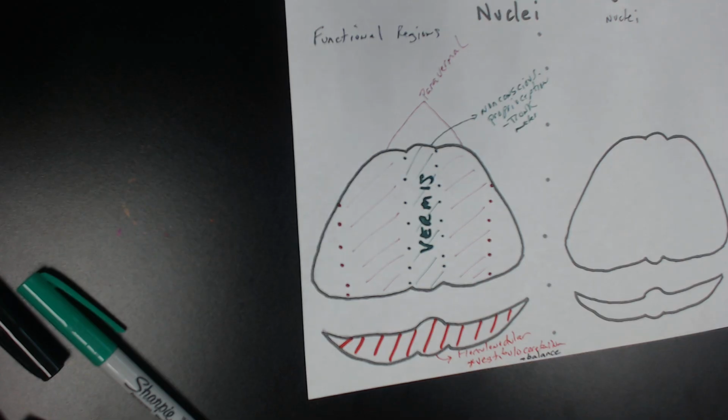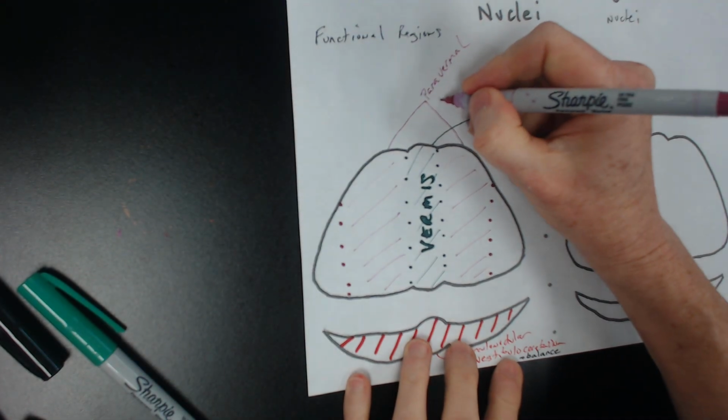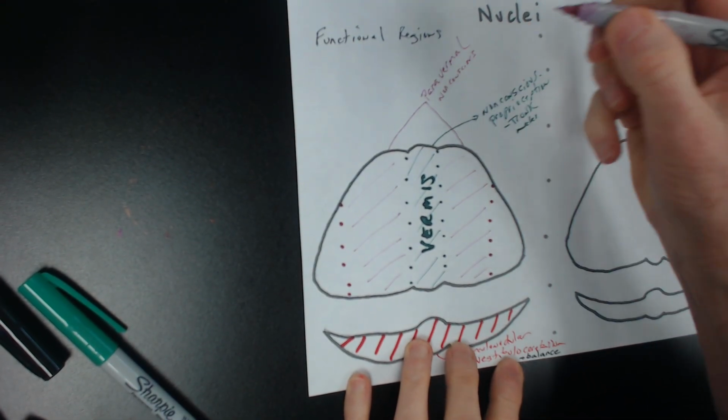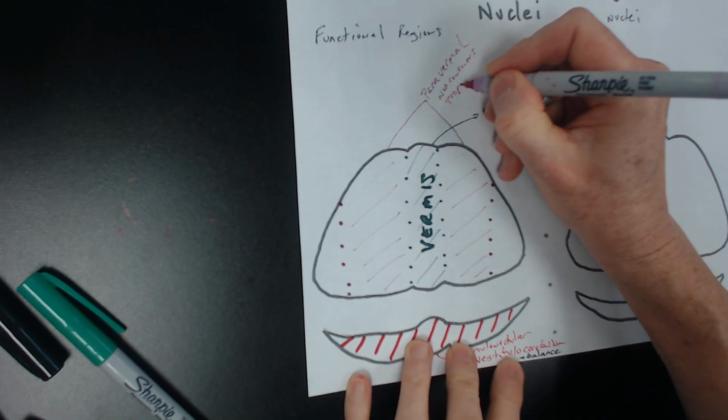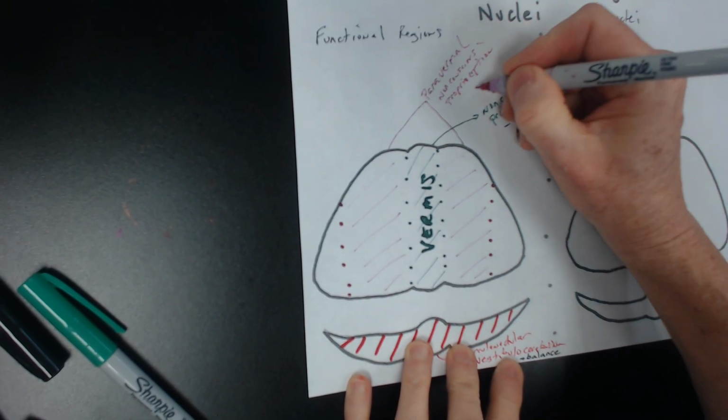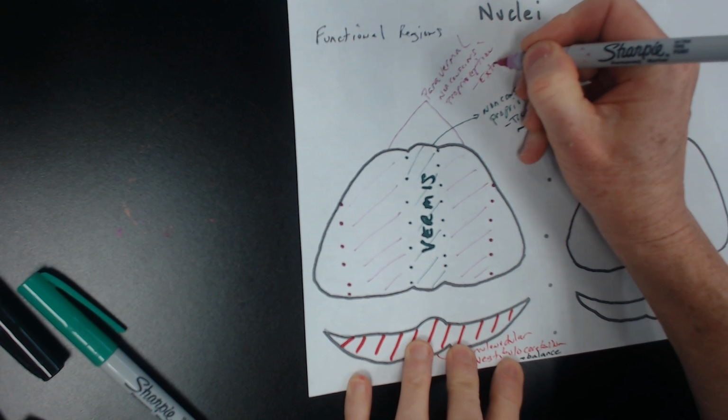Your paravermal regions are responsible for receiving non-conscious proprioception from extremity muscles.